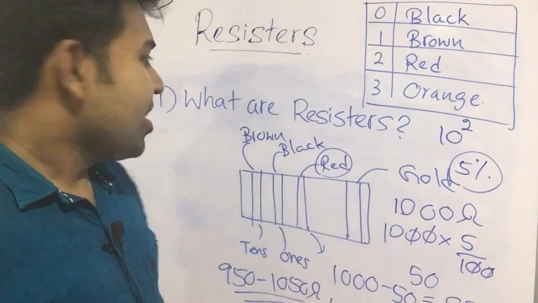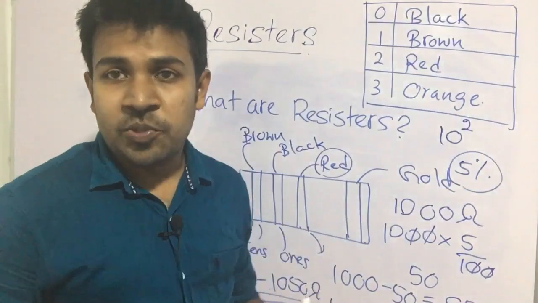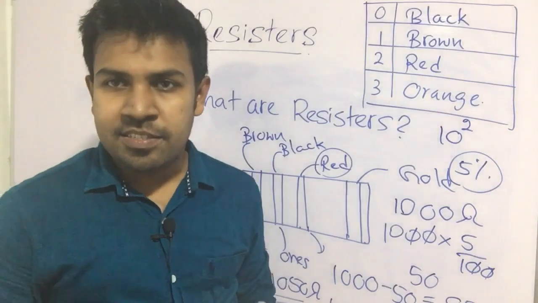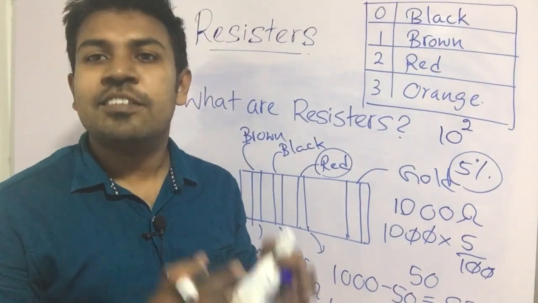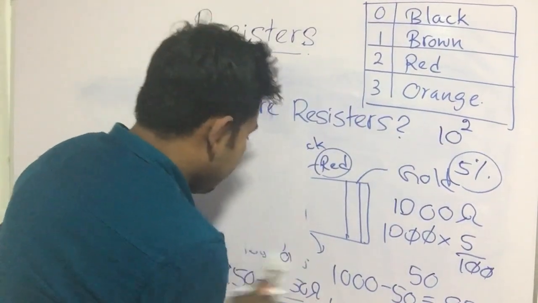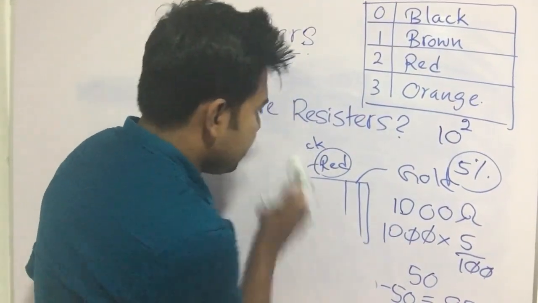Then let's see our final objective, that is how to find different equivalent resistors when they have different combinations. So we will see that by using some circuits.